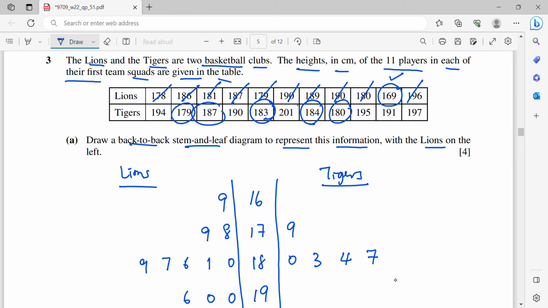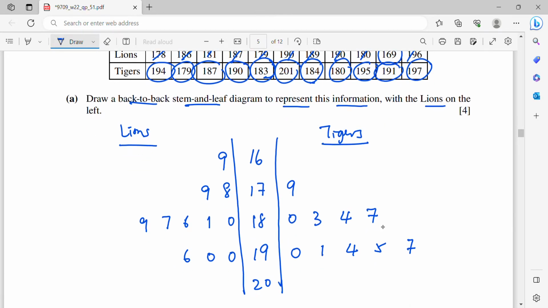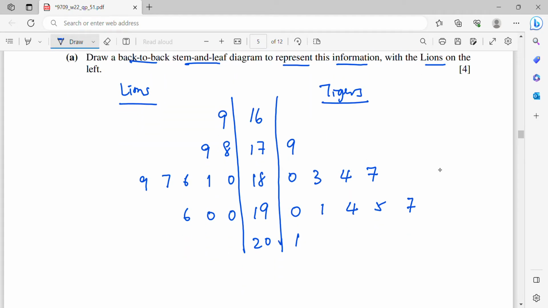Then after that, the next one is going to be 190, 191, then 194, 195. Okay, then 197. Lastly, 201.